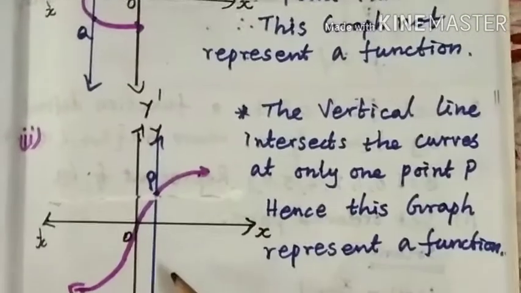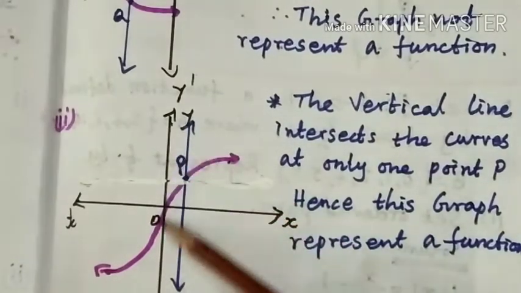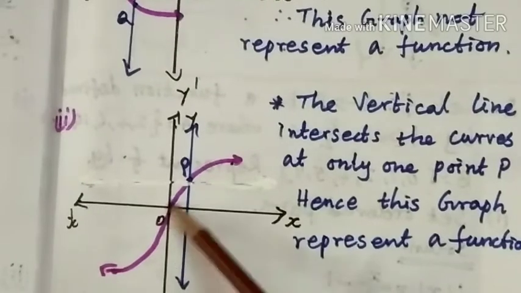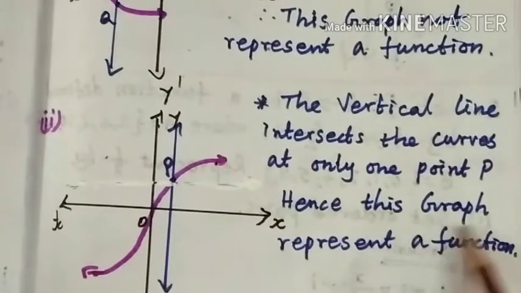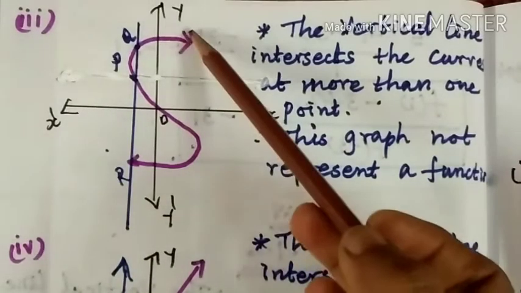Then second subdivision. See, in this graph, this vertical line intersects the graph at 1 point. Therefore, this graph represents a function. Now third subdivision.